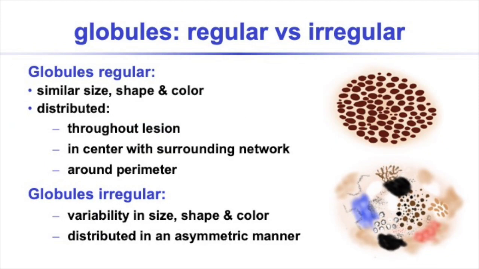But what's the difference between regular and irregular? Regular, again, is the same color, size, shape throughout the lesion, okay? So the quality of the globules. Irregular globules are globules of different sizes, shapes, and color. In addition, there are three patterns of globules that are considered benign, and all three of them you already know. And what are those?